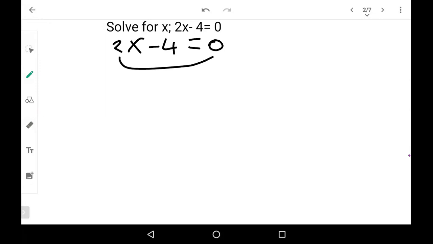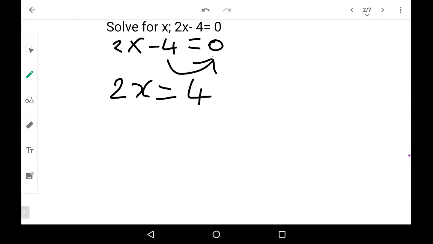I'm first going to consider the constant to the other side, that is this minus 4. When it goes to the other side, it will become 2x is equal to plus 4.